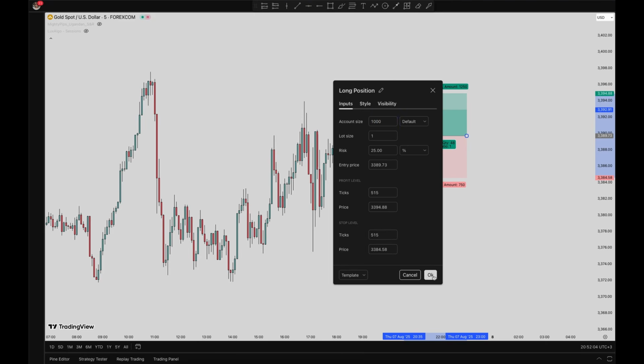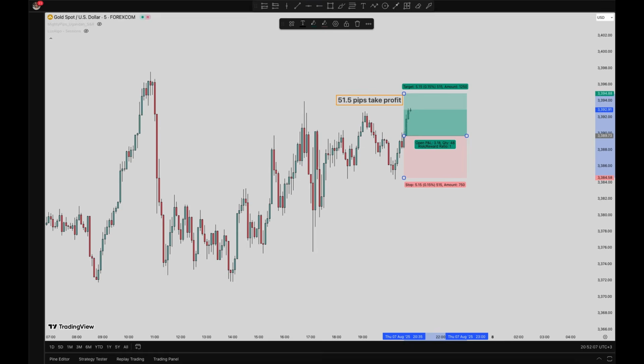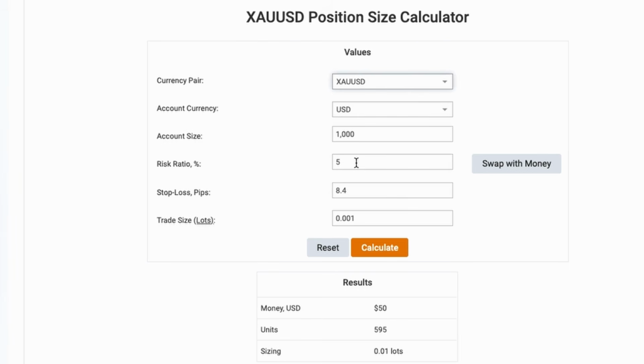If we go back to the position size calculator and do the same thing, we put here 51.5 pips. Now when we calculate this, it's going to show you how many lots you're supposed to risk. You can see here for gold, it is telling you to risk 0.1 lots to lose the same exact amount of money, which will be $50.